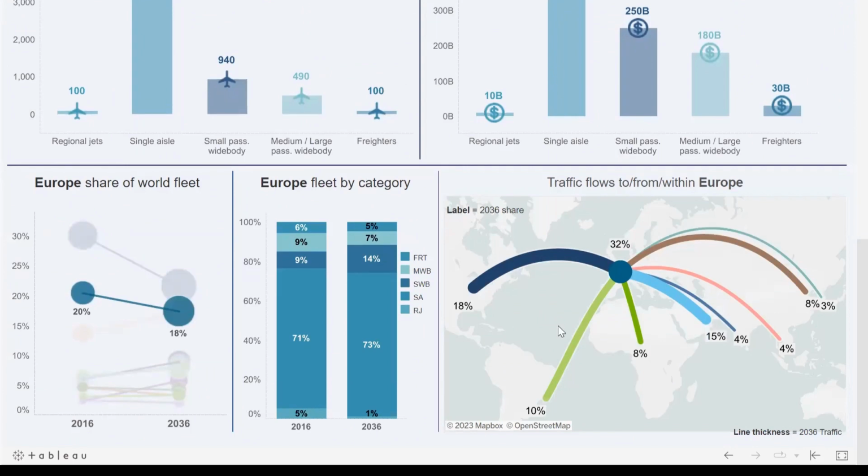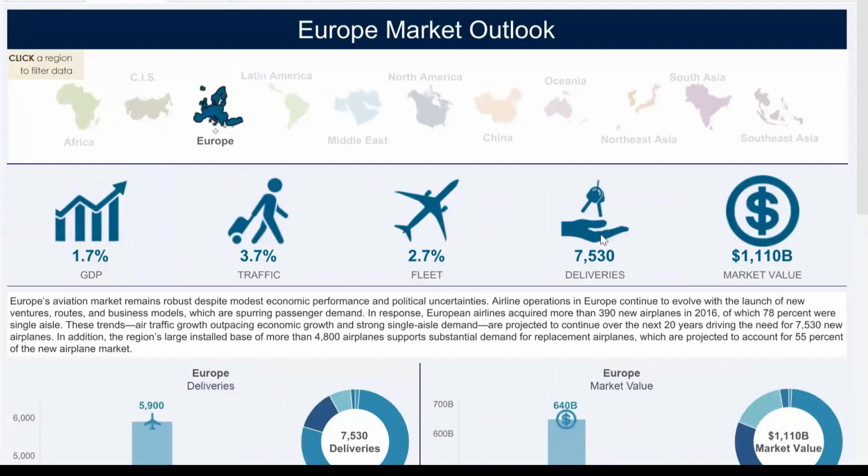The air traffic is from Europe, 18% goes to North America, 10% to South America, 32% to Europe, 8% to Africa. We have 15% to the Middle East. We have 8% to South Asia, and 8% to China, and 3% to Northeastern Asia. That's the simple representation of the data.